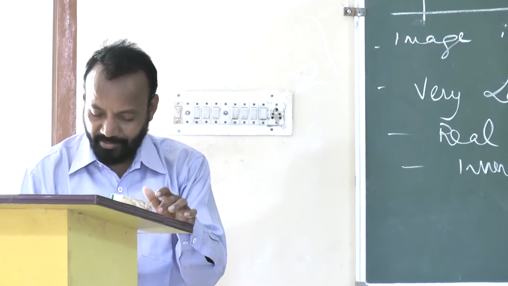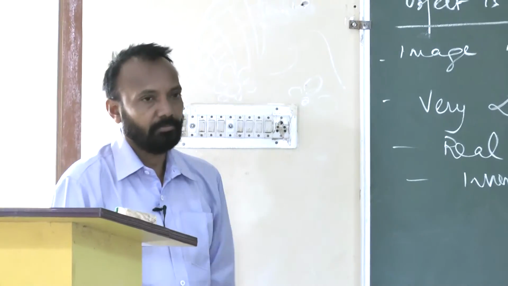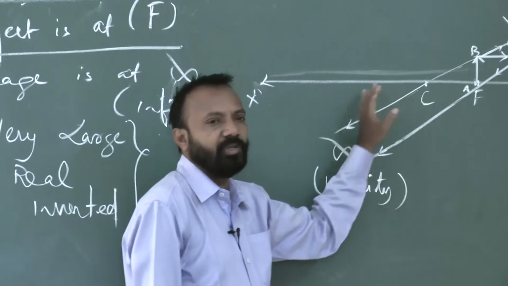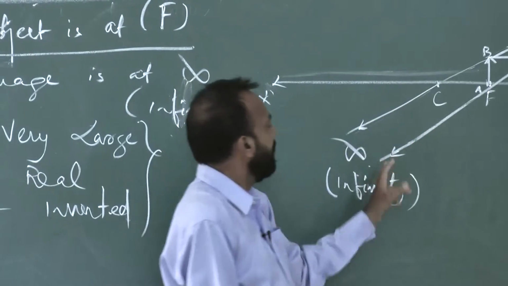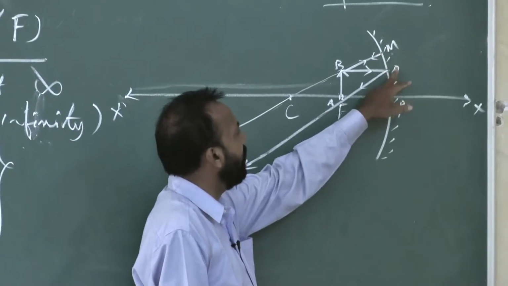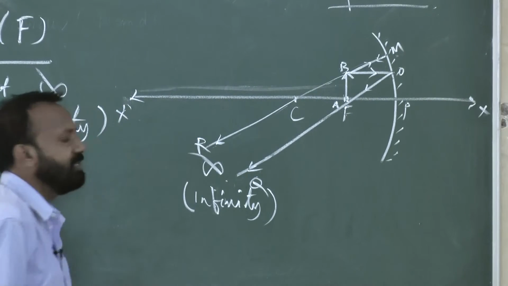Then what remained? The last condition remained. Okay? So you should give the complete names in the diagram. Suppose I have given B, M, O. Now you can give Q, you can give R, like this.